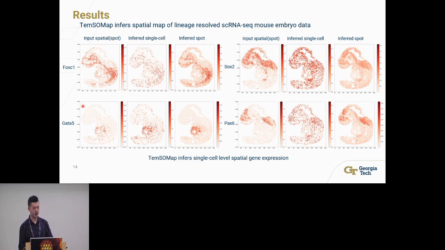The second one is the inferred single cell level data. And the third one is the inferred spot level data, which is simply calculated as M transposed times X. So we can compare the first and third to show that the TemSOMap inferred results have a very similar spatial clustering pattern as the reference. At the same time, we are able to infer the spatial distribution of cells at the single cell level.